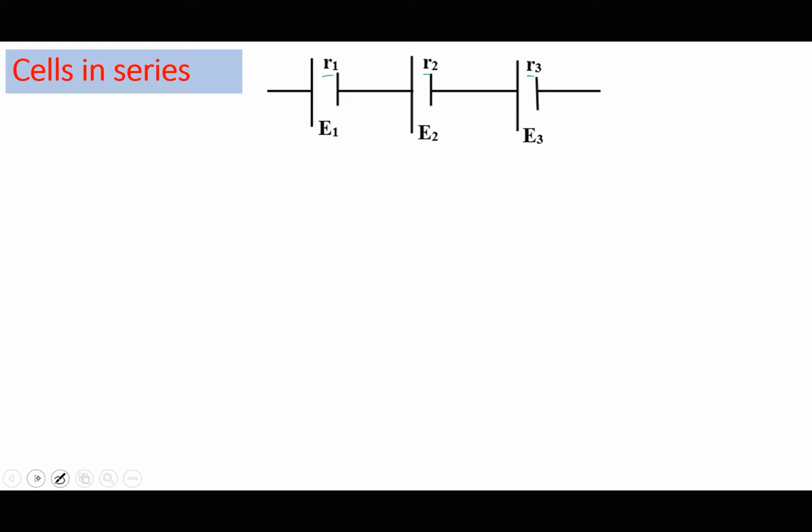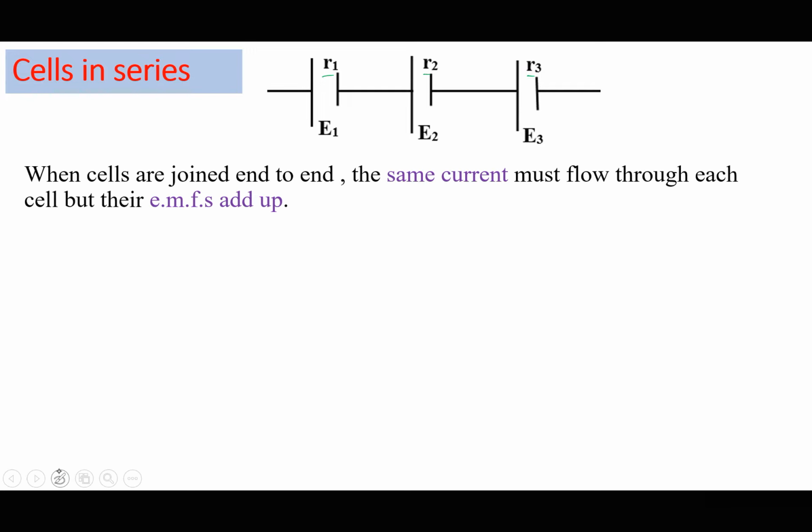So when cells are joined in series, or end to end, the same current must flow through each of the cells, but their EMFs add up. A charge which passes through a cell of EMF E1 gains energy from E1, it gains energy from E2, it gains energy from E3.